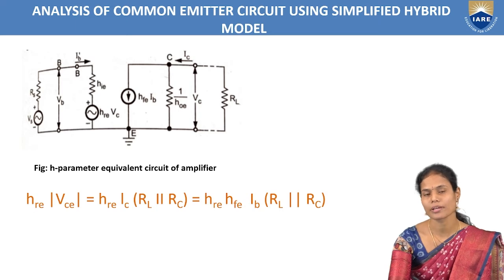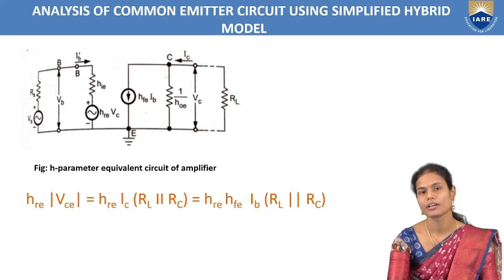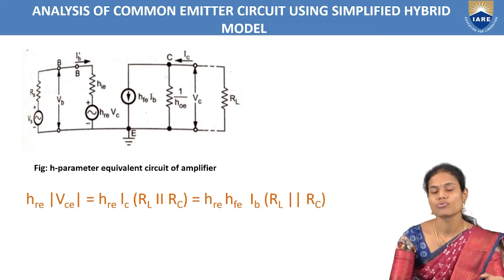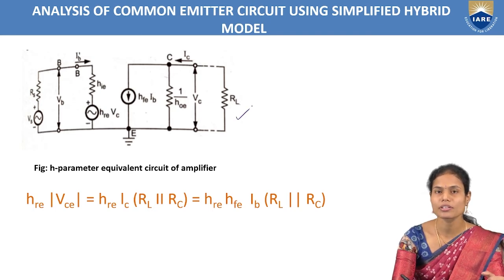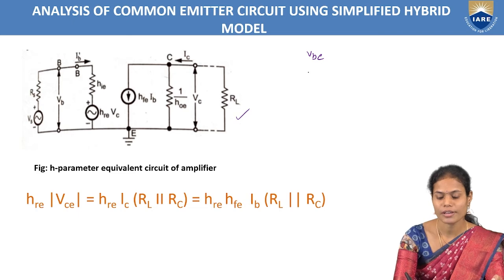First, I am considering the common emitter configuration analysis using the simplified or approximate hybrid model. To do this, we first consider the basic amplifier in the common emitter configuration. This is the basic common emitter amplifier circuit. In the common emitter configuration, the input voltage is VBE and the input current is IB.